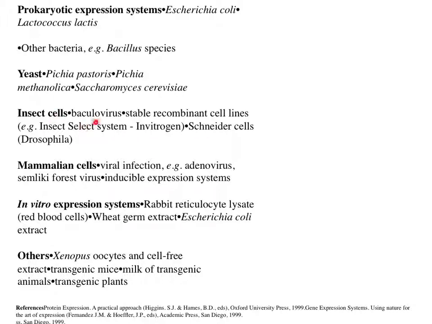And insect cells, you have baculovirus, stable recombinant cell line, Schneider cells. Mammalian cells, you have viral infection, usually using adenovirus, Semliki Forest virus, inducible expression. In vitro is rabbit reticulocytes or red blood cells or wheat germ extract or even E. coli extract. And then there's Xenopus oocytes, etc.